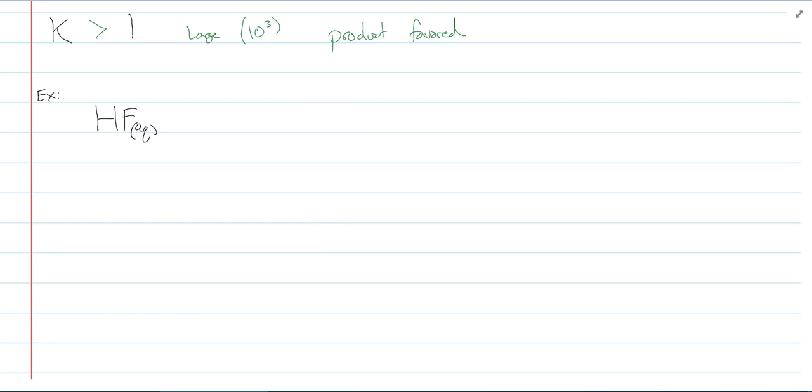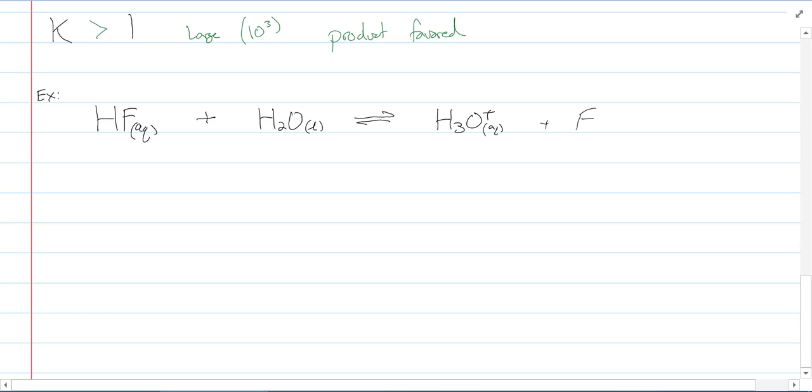So hydrofluoric acid is a weak acid because it's not one of our 7 strong acids. Hydrofluoric acid plus water, because it's in water, is in equilibrium with hydronium and fluoride.